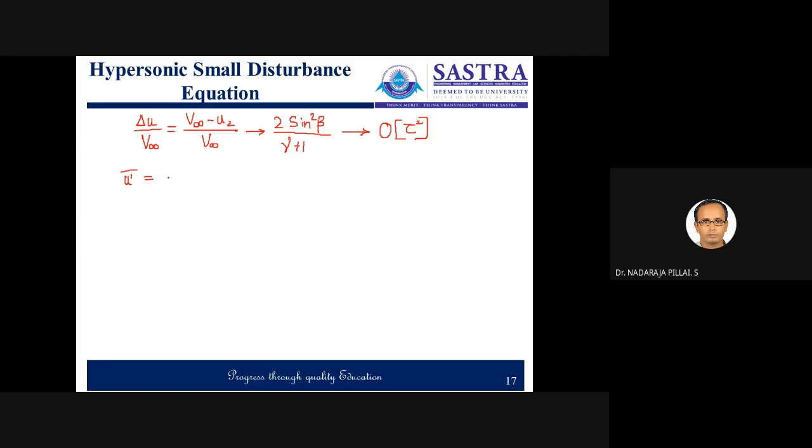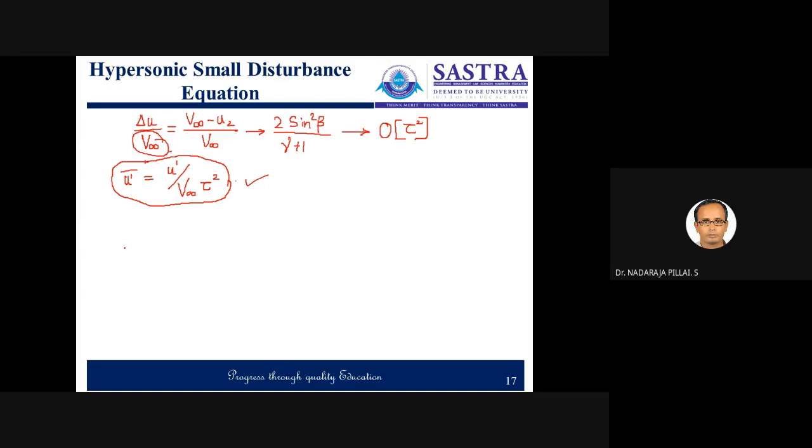And this can be defined as u dash by v infinity and tau square. So in order to make the order of magnitude unity, we can consider u dash is okay.